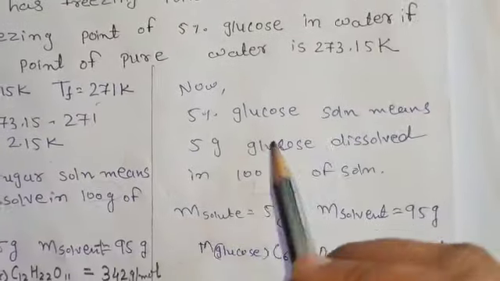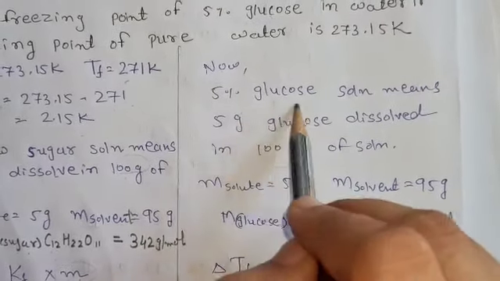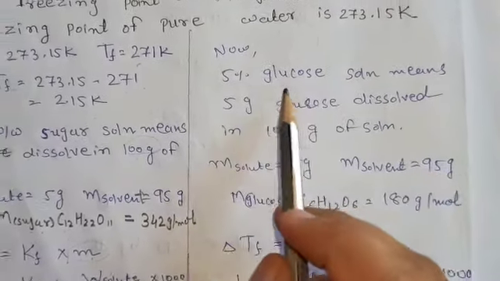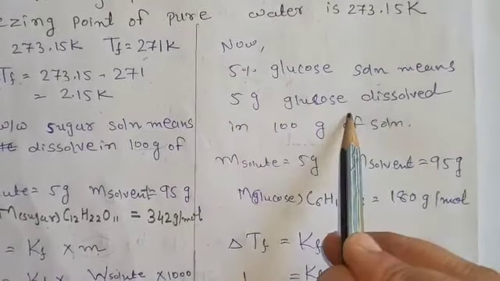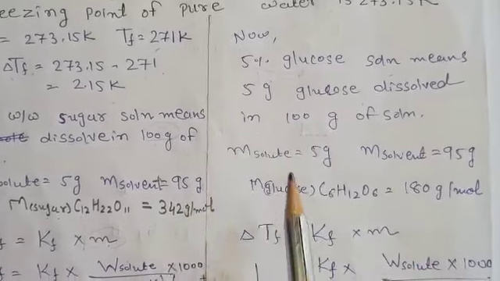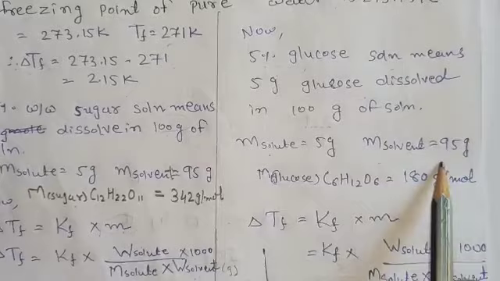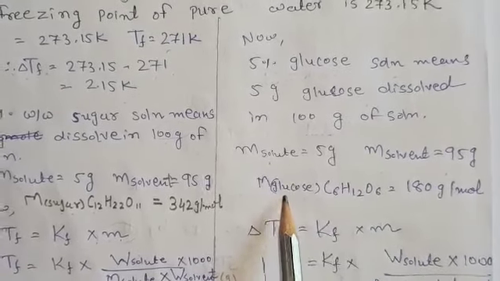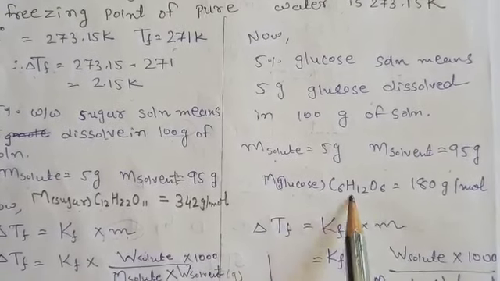Now we have to find out delta TF for the 5% glucose solution. So 5% glucose solution means 5 gram of glucose is dissolved in 100 gram of solution. So mass of solute is 5 gram and mass of solvent will be 95 gram. The formula of glucose is C6H12O6.